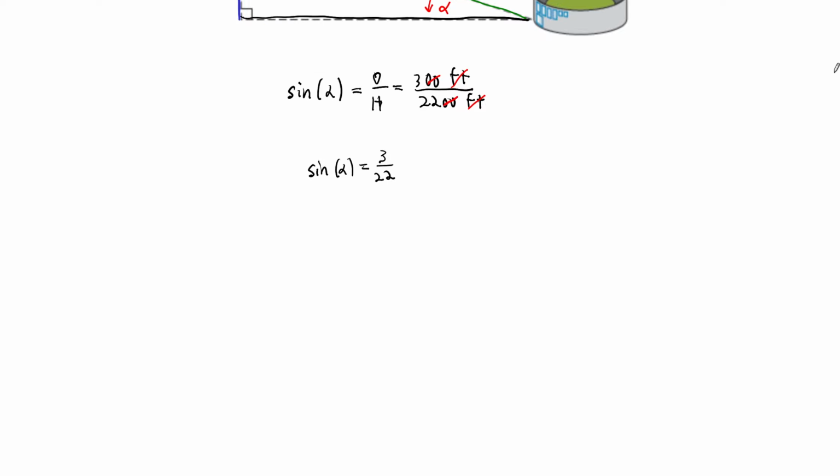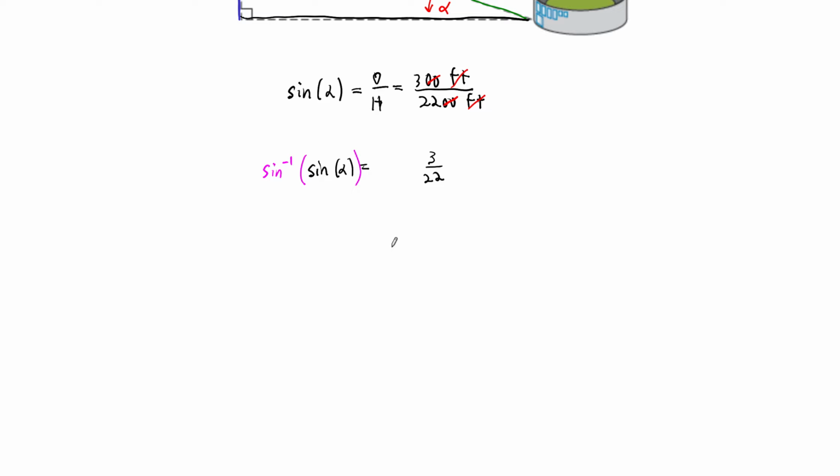Now somehow we have to get the angle alpha out of here. Well, what can we do? This sine is a function, right? You can't divide by the sine function or anything like that. So we need to try to get rid of this. We can't just get rid of it though. So instead what we can do is apply what's called the inverse function of sine. It's called the arcsine function for reasons that have to do with circles.